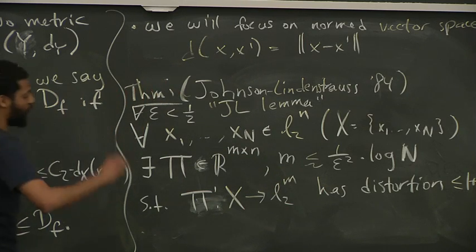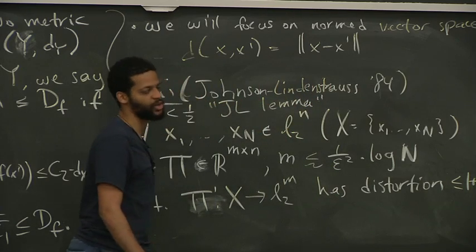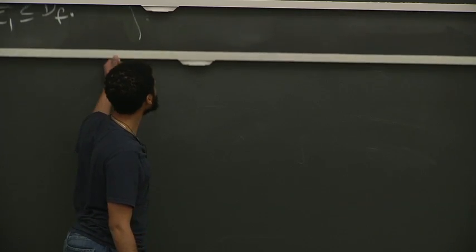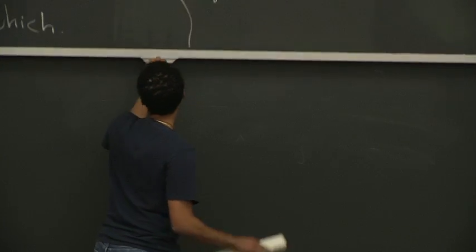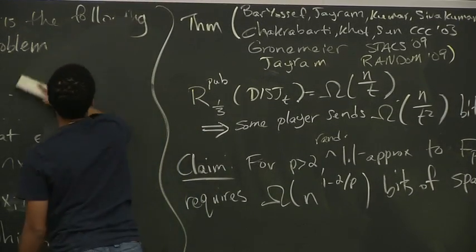So this is one form of dimensionality reduction. It's for preserving L2 distances, Euclidean distances, while mapping to very low dimension.